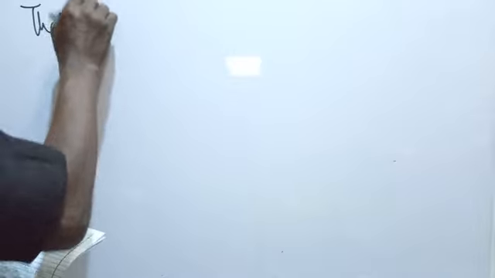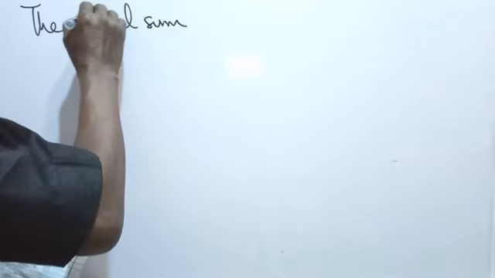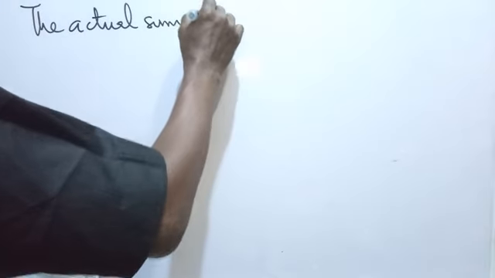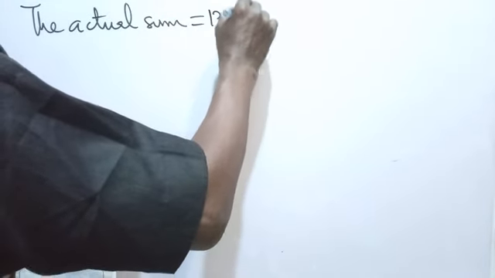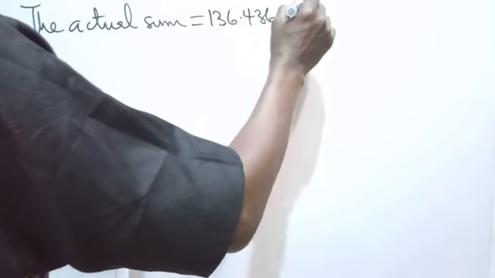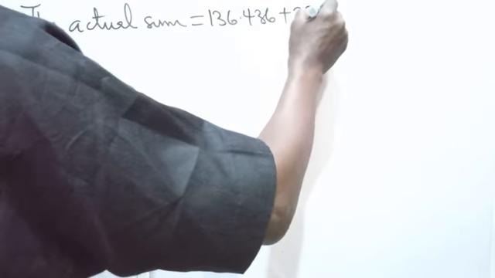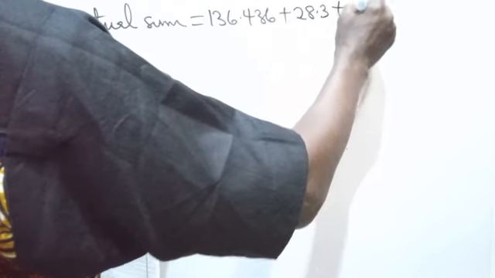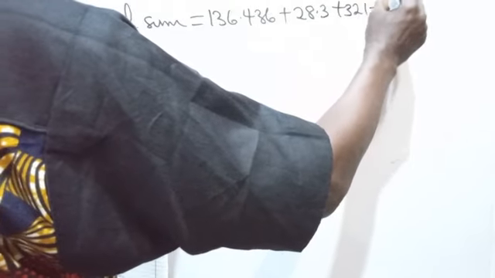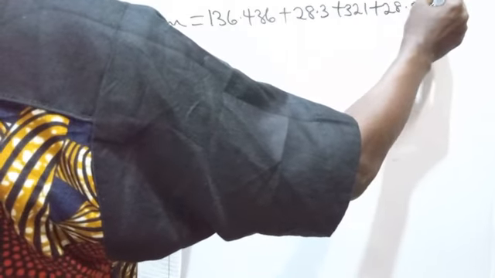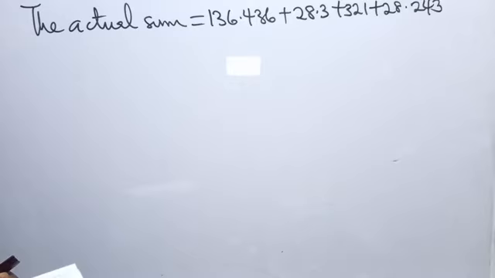What are the numbers again? Let's write them out. The actual sum would be equal to, we are adding everything together, 136.436 plus 28.3 plus 321 plus 28.243. That's not clear enough.